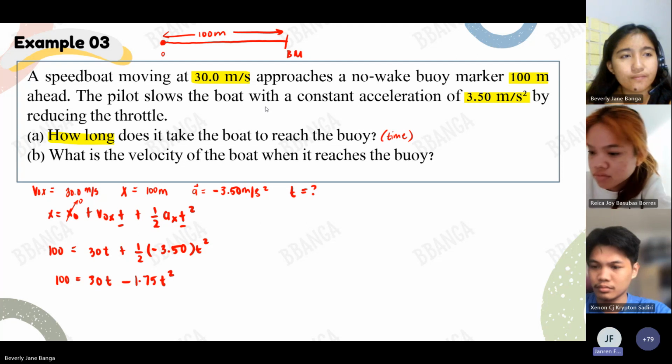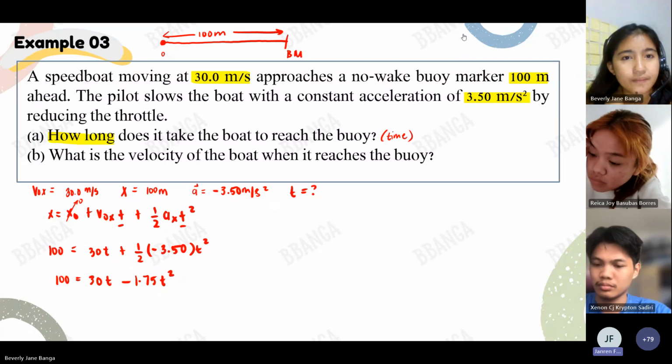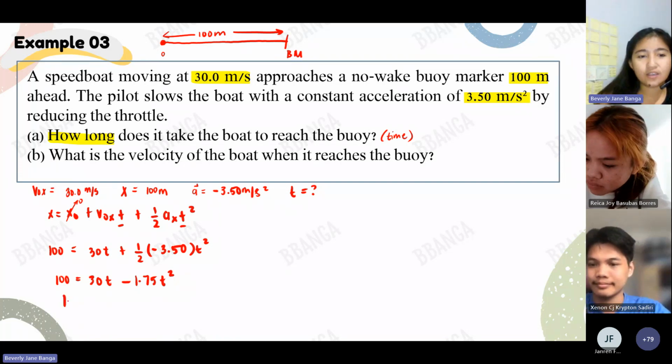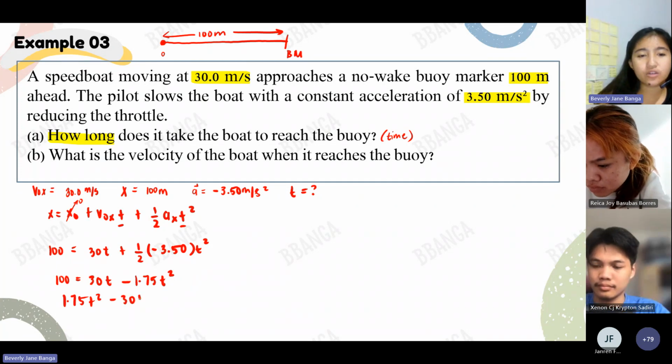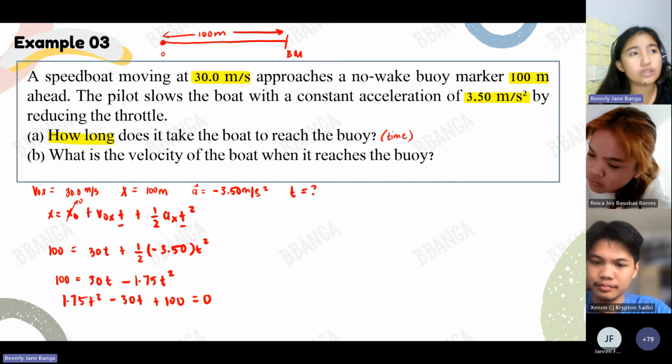I-equate mo muna ng 0, ma'am, yung equation, tas kunin mo yung t, ma'am. Paano? Sige, equate ko na siya sa 0. Magiging 1.75 t squared minus 30t plus 100 equals 0. Paano ko nakukuha yung t?